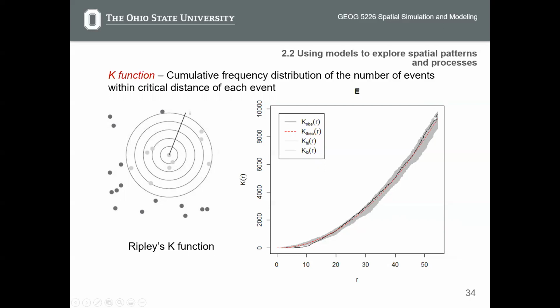If your black curve is outside of this envelope, then you should say that this observed pattern is just not CSR, or the null model you are interested in. So compare the solid curve with this envelope.